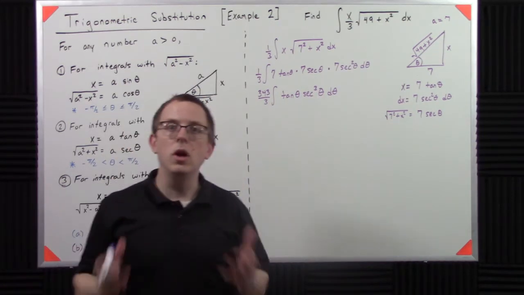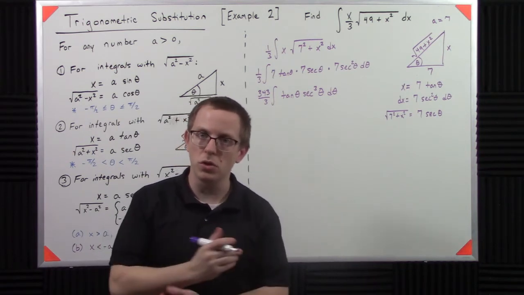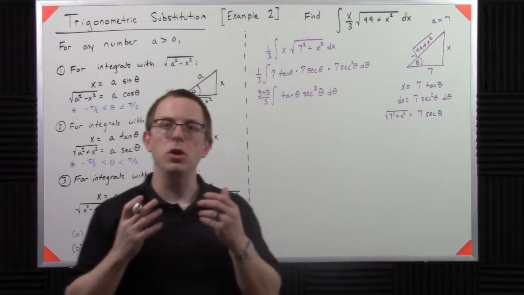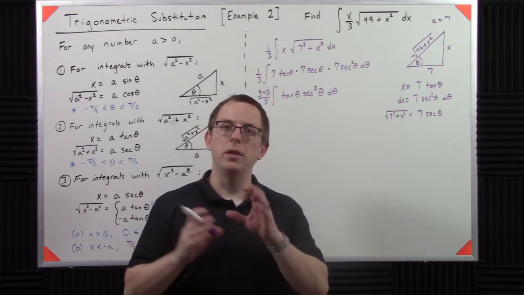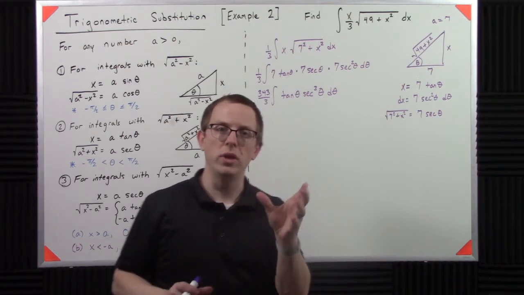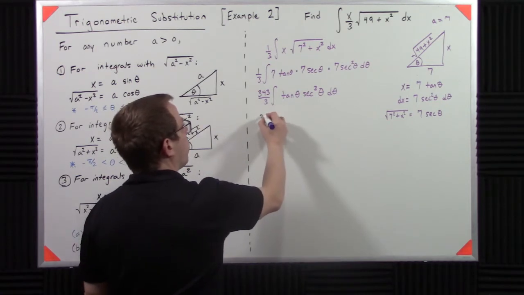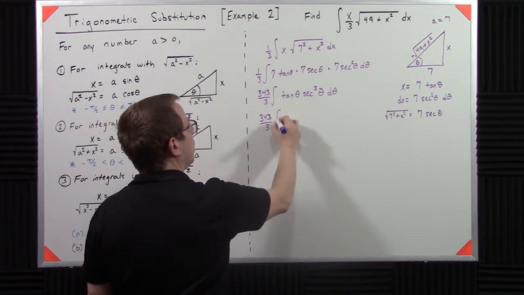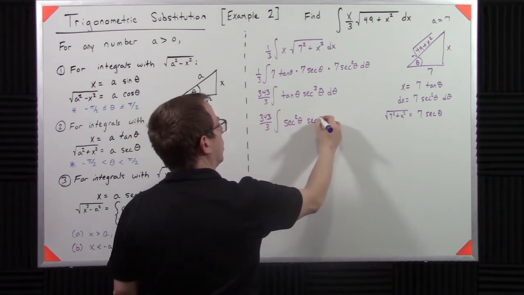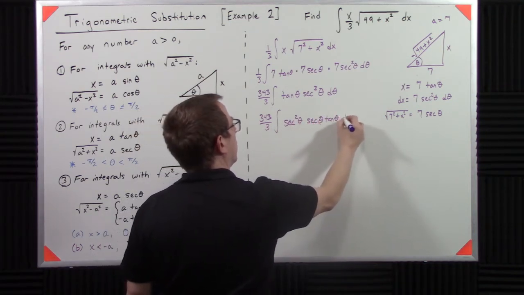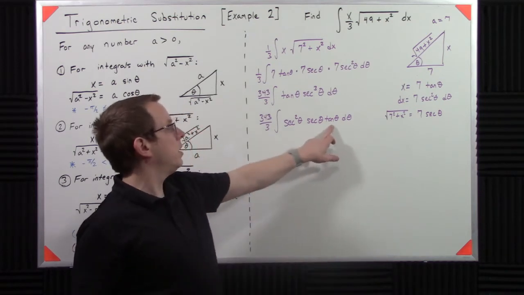Now, luckily, this isn't that difficult to solve. What we can do is use what we learned about doing trig integrals by separating out one secant and one tangent here. So we get 343 over 3, and now I have a secant, tangent, d theta.